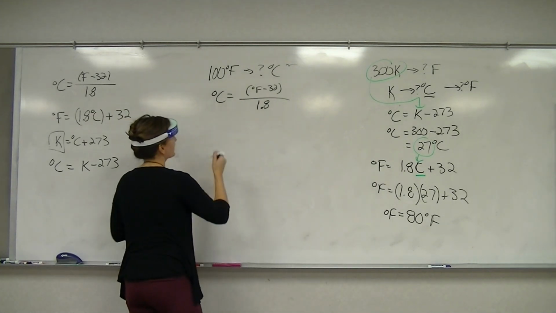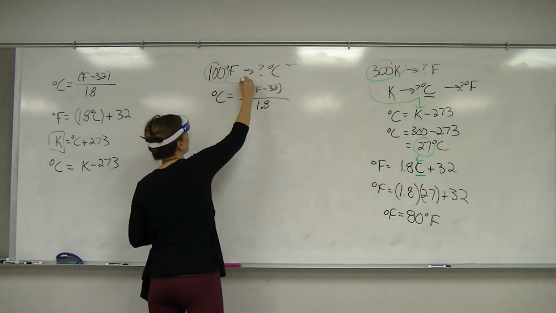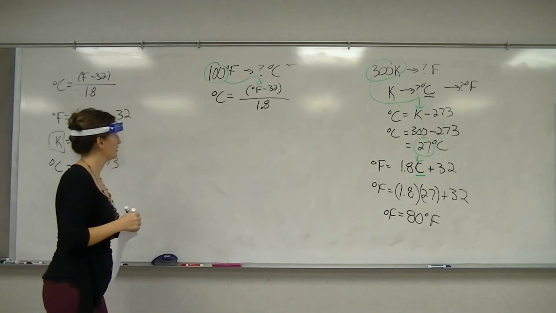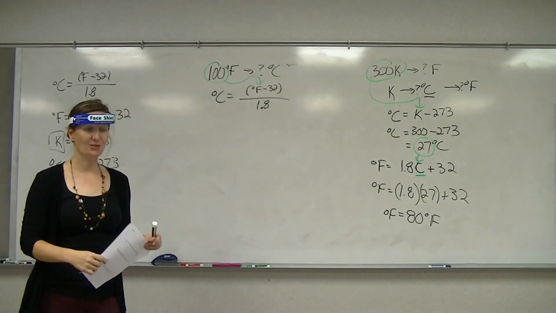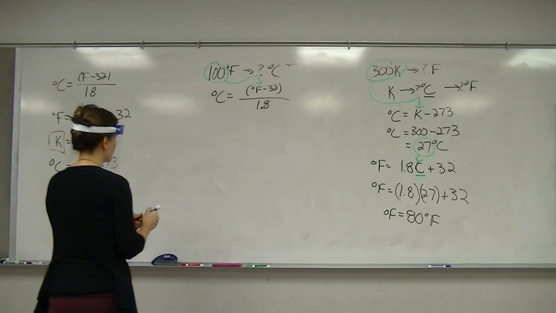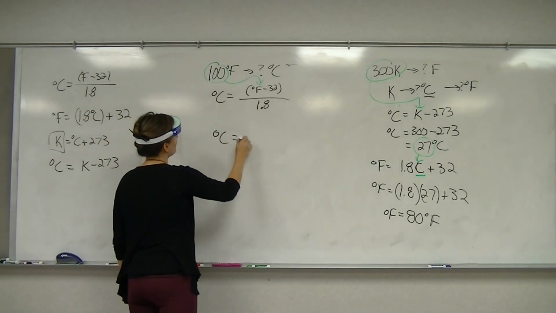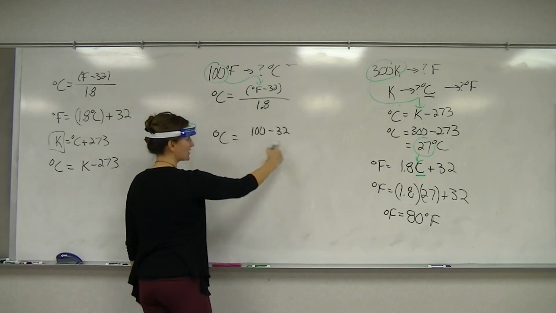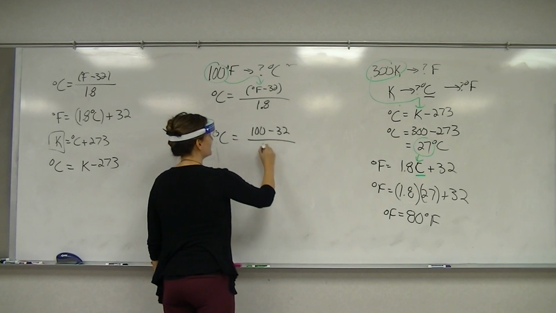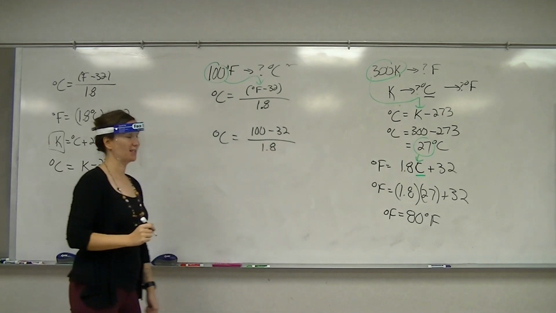You're just going to take that 100 degrees and plug it in where the F is. Now there is a trick to this one, because people often get it wrong for this reason. When they do the 100 minus 32 on the top, they don't put parentheses around it in their calculator.